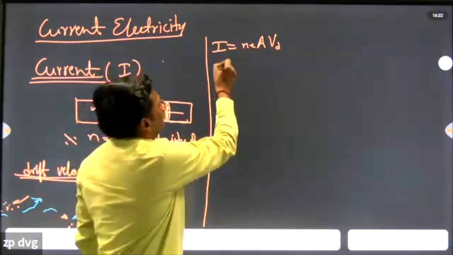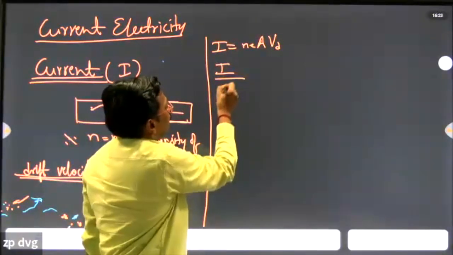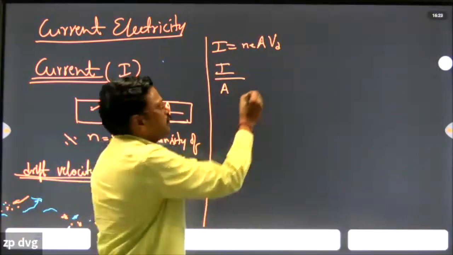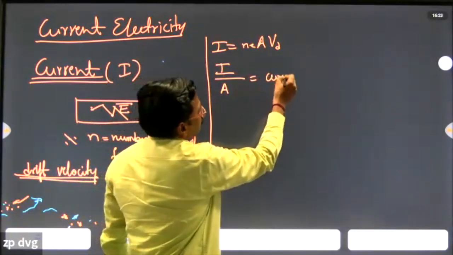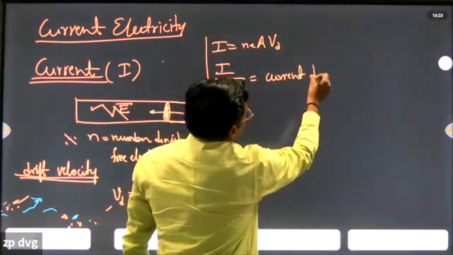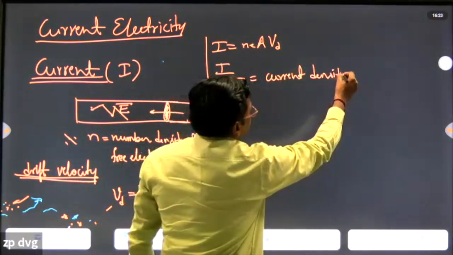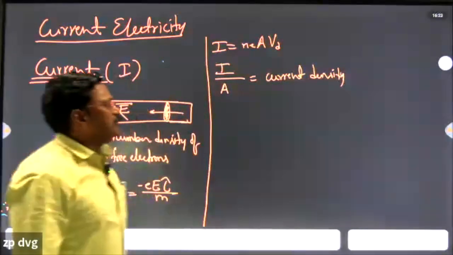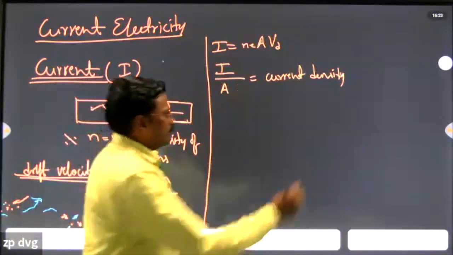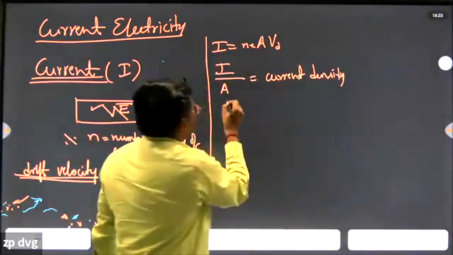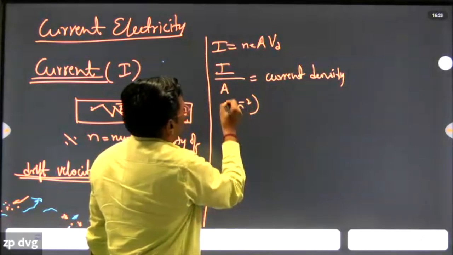So here if you take the ratio of current to area, this ratio is called current density. The ratio of current to area is called current density, which has the unit of ampere per meter square.